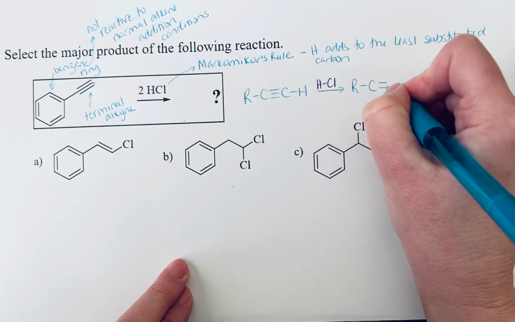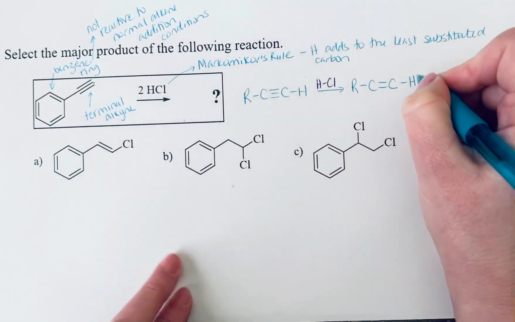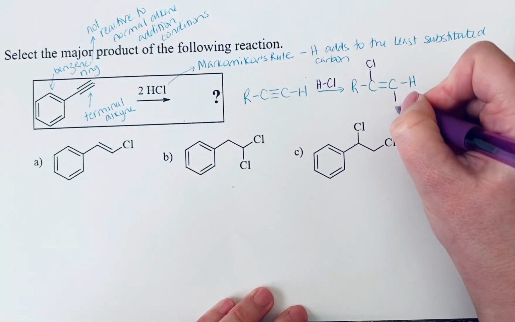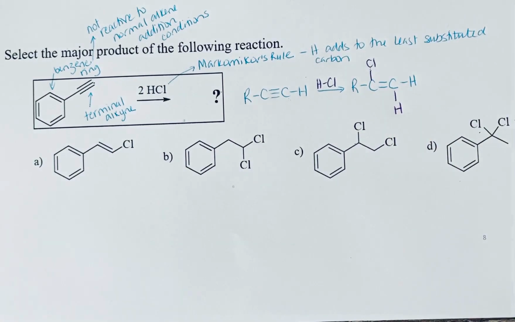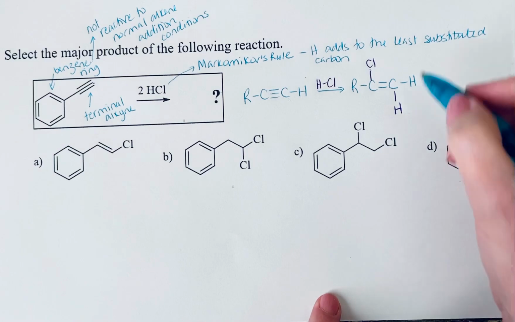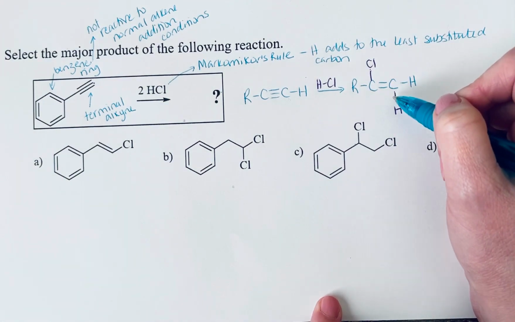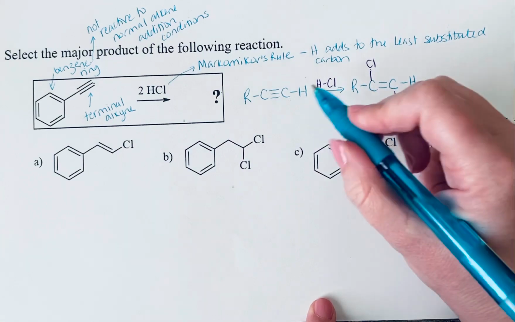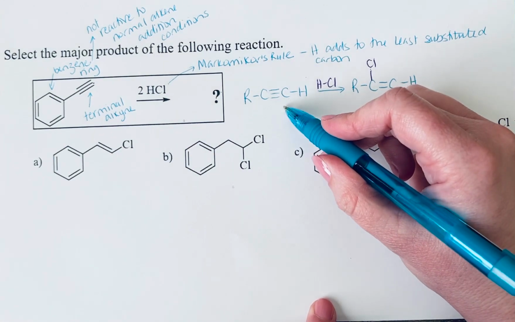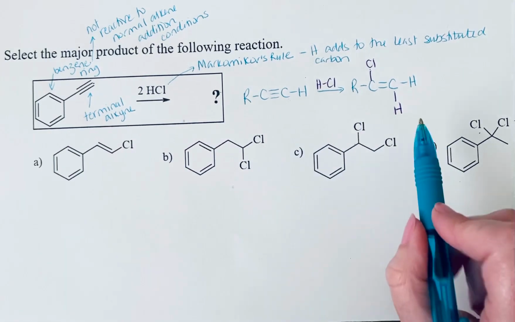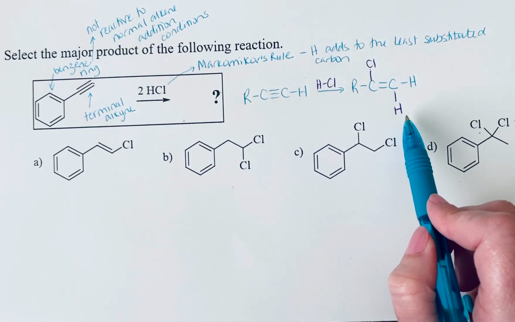So we will see that the chlorine has added to the more substituted carbon and the hydrogen has added to the less substituted carbon. This haloalkene is not as reactive as a normal alkene and not even as reactive as the starting alkyne. So if we had only one equivalent of hydrochloric acid, this would be the major product.